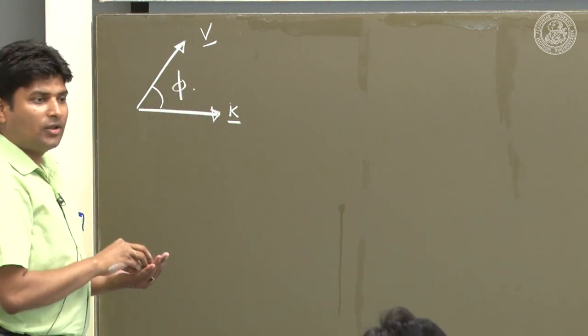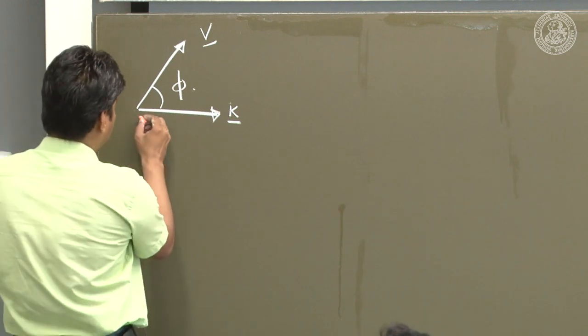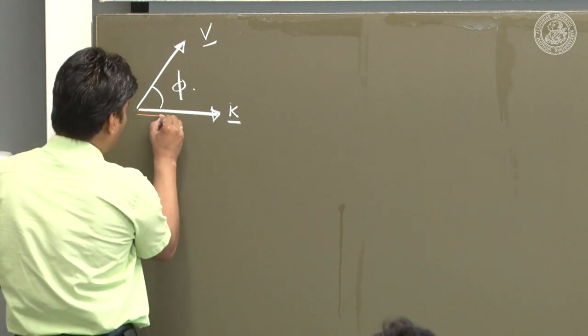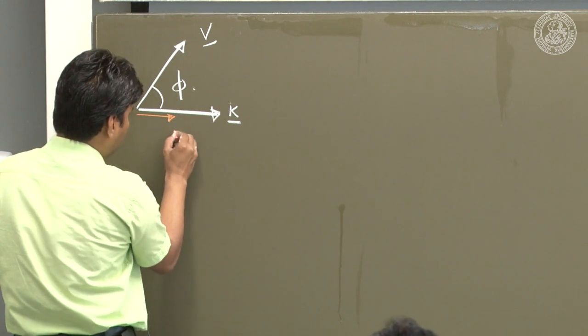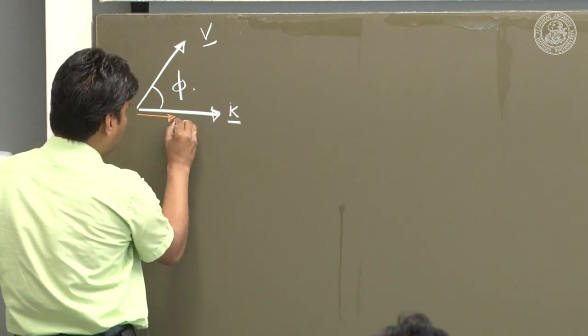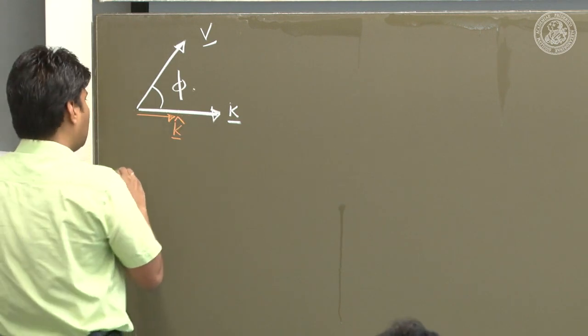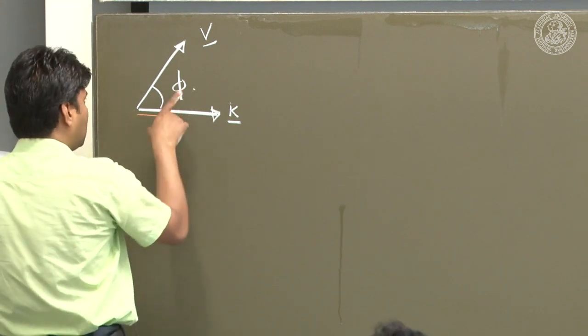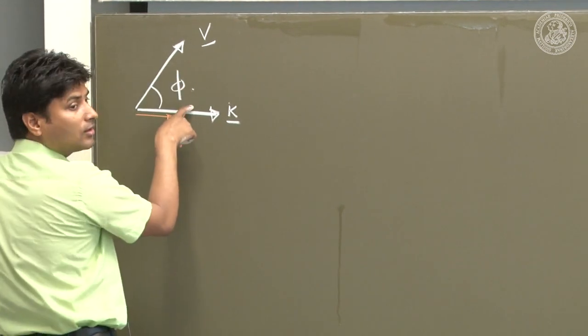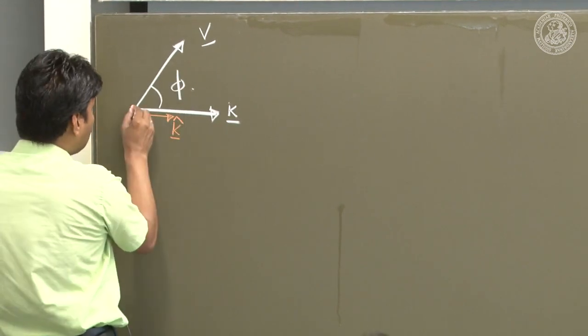Okay. So, think of two directions, one along K, a unit vector along K, and I call it as K hat, and another unit vector in the plane of V and K, but perpendicular to K hat.